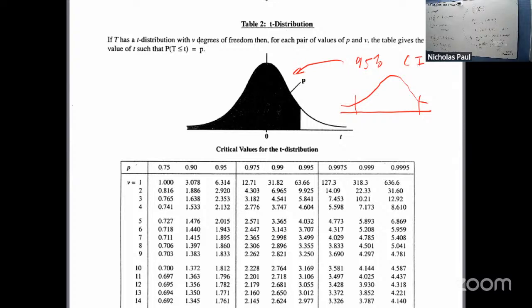Let's be specific. Degrees of freedom is 7. I want a 95% confidence interval. See if you can find those values here for me, just like how we got the 1.96 last week.